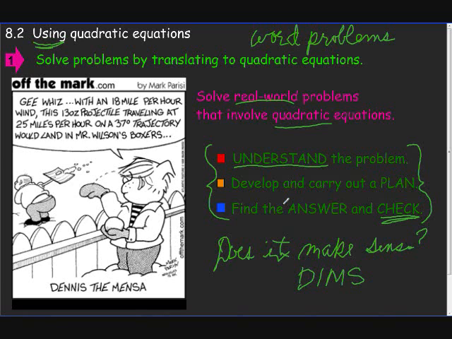It's easy to misunderstand slightly what the problem is asking you to do, or develop a plan that isn't quite on target. Get an answer, deliver that answer, and find out later it was not a sensible answer because I forgot to consider, did this answer make sense? So a simple thing to do at the end to save yourself embarrassment.